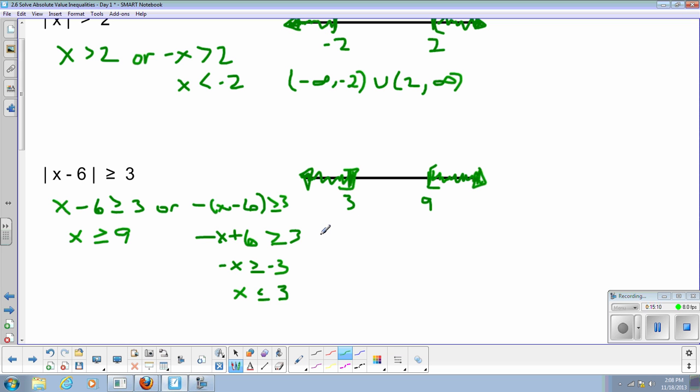I write my interval notation, parenthesis, negative infinity, comma, 3, bracket, union, bracket, 9, comma, infinity, parenthesis.